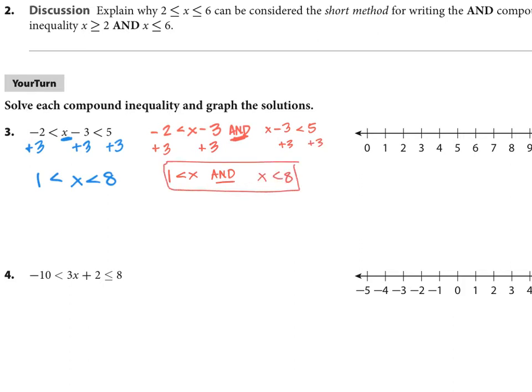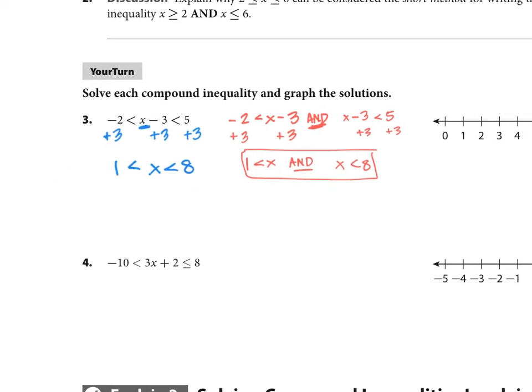So here is a solution that you could have, and this is also a solution. Ultimately, I don't really care which one you get because they mean the same thing, but you do want to be familiar with both because you could be given a compound inequality in both ways.